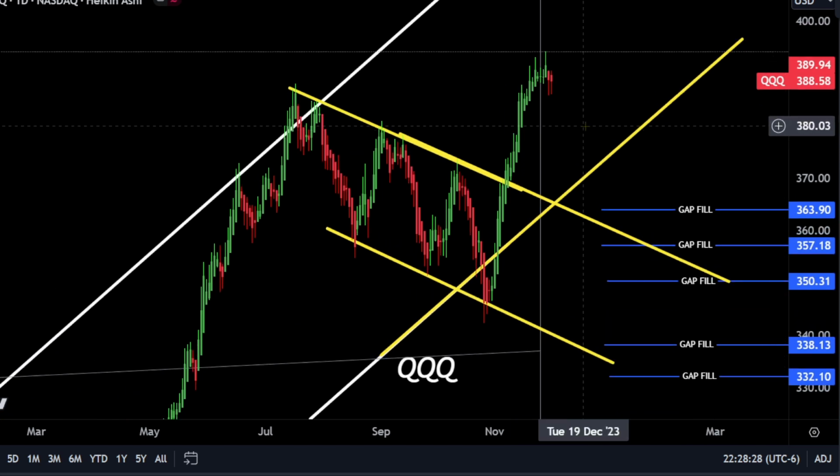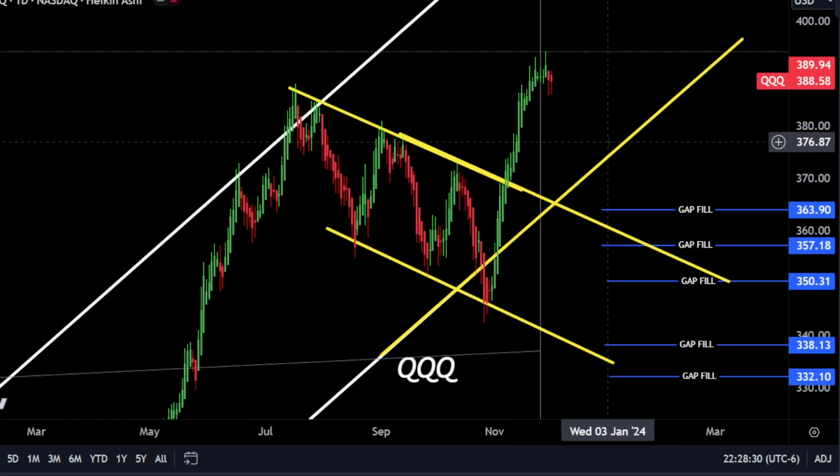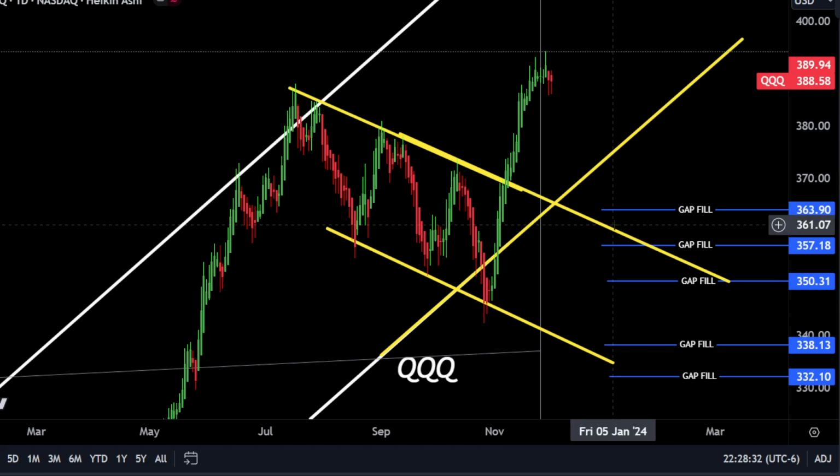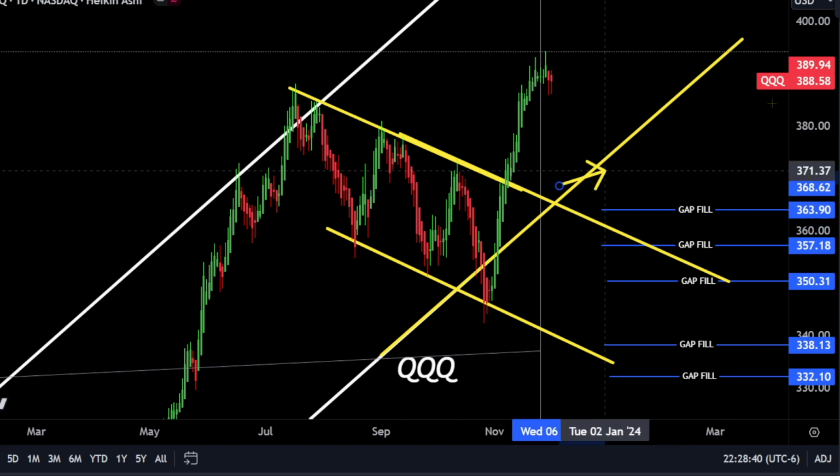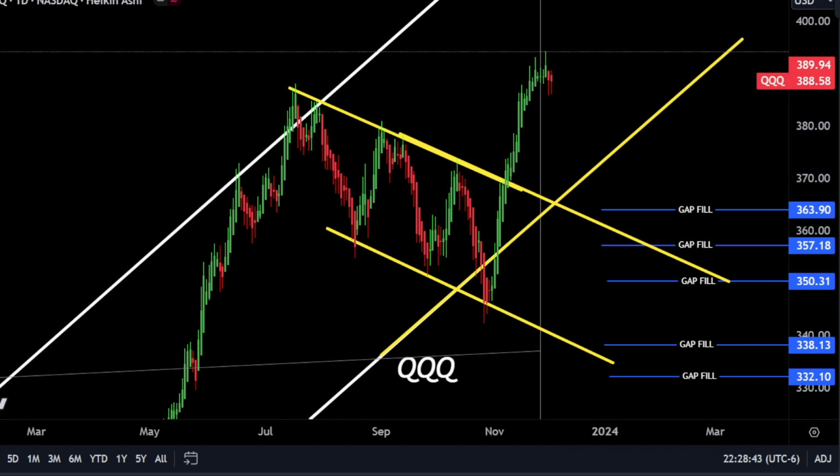The triple Qs right now is at 389 or 388. That's going to be your break even price. If we rally and your puts take a hit, and then you drop back down to 388 in the triple Qs, most likely your puts are going to break even. It's not going to be perfectly on point, but you get the concept.